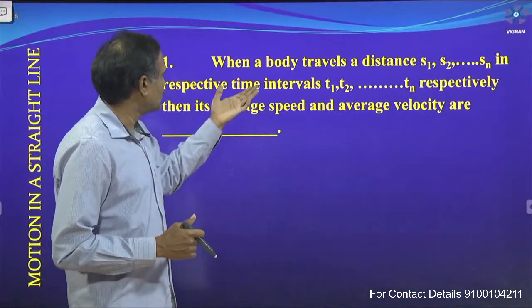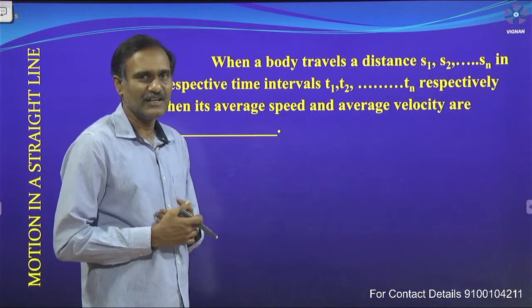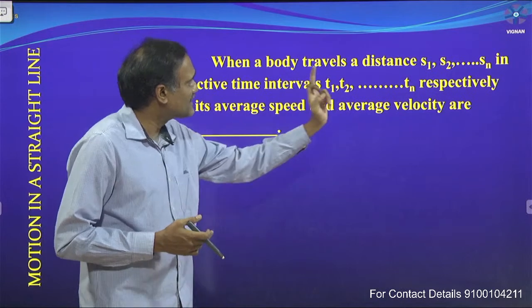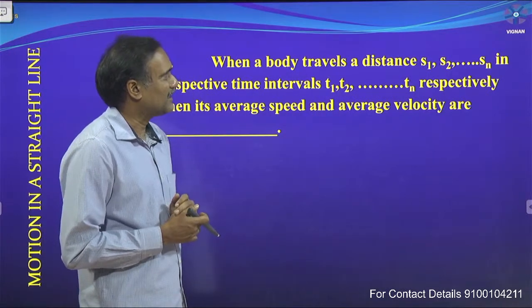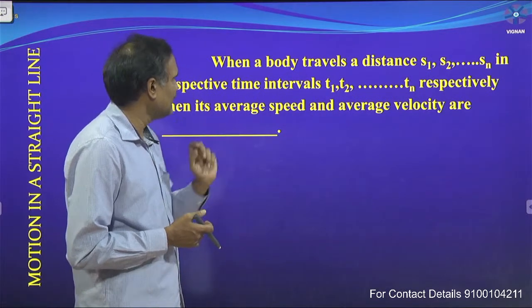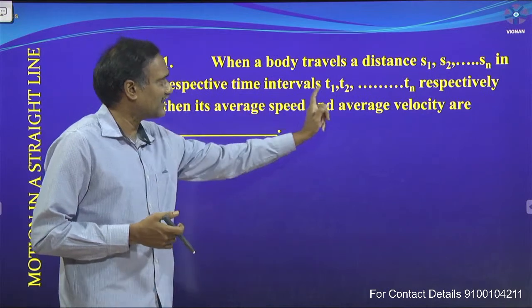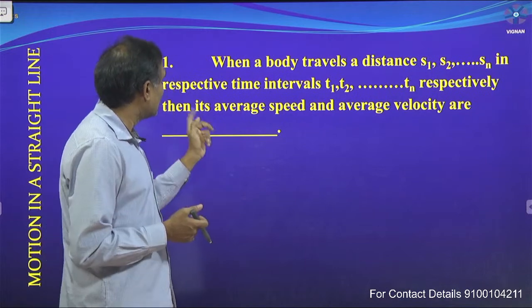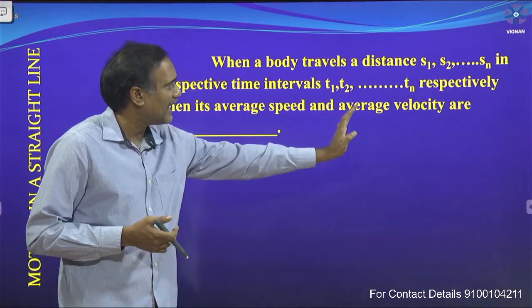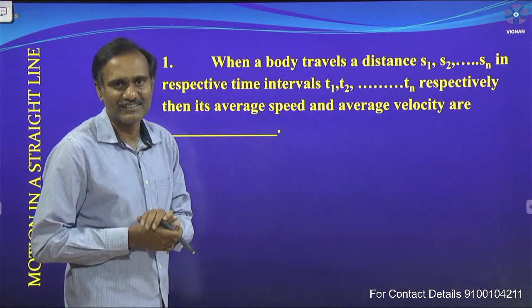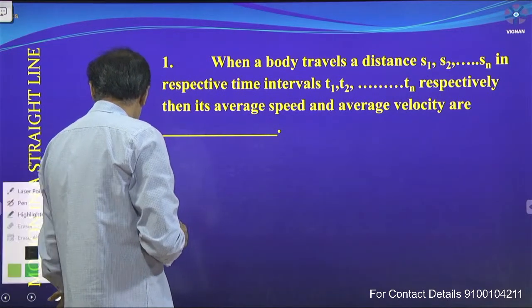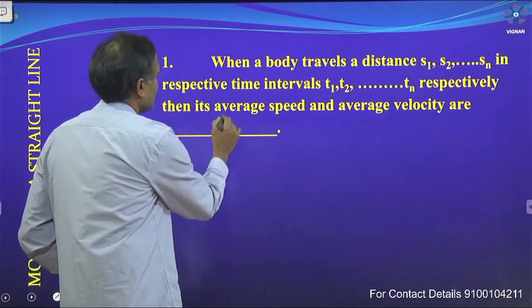I want to discuss this application here. When a body travels distances s1, s2, and so on up to sn in respective time intervals t1, t2, and so on up to tn, we are going to calculate its average speed and average velocity.